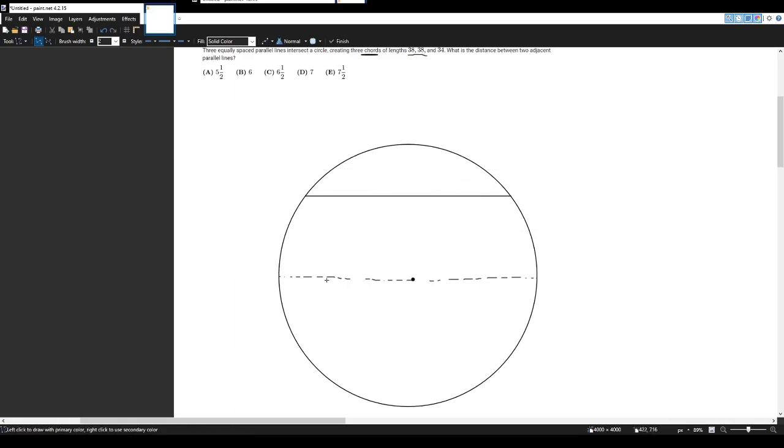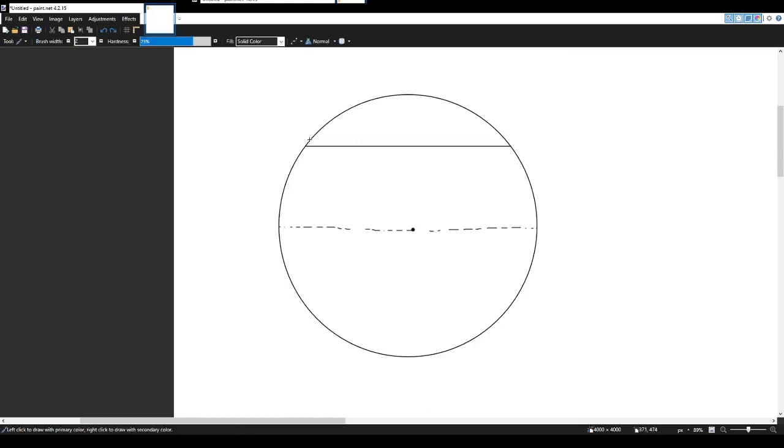So it looks like our only option is nothing on this side, but once it starts going back down here, if we draw another one that starts at the same place, just further down, and ends at the same place, just further down, which would be about right here, this chord will be the same length as the other chord.